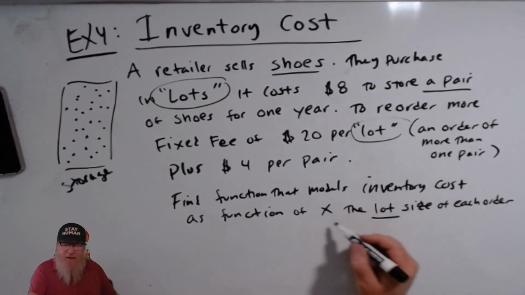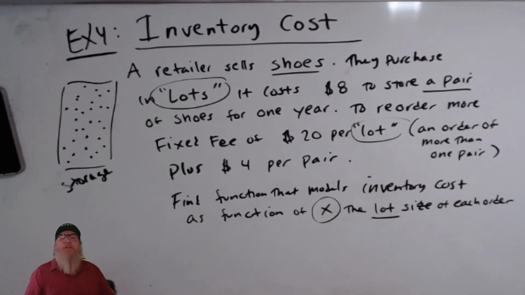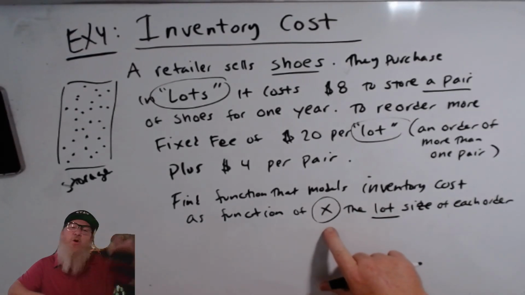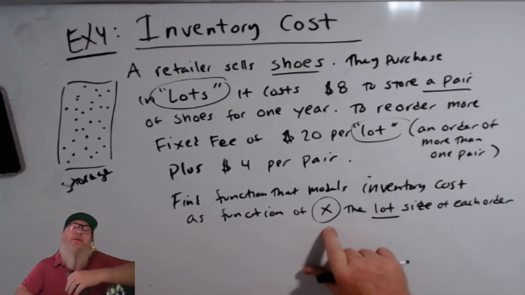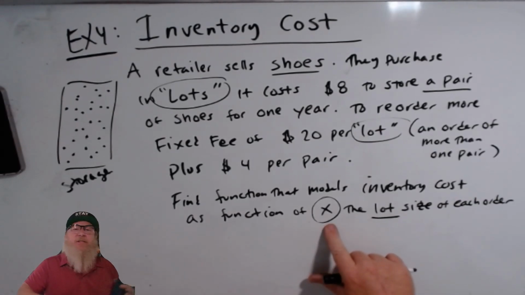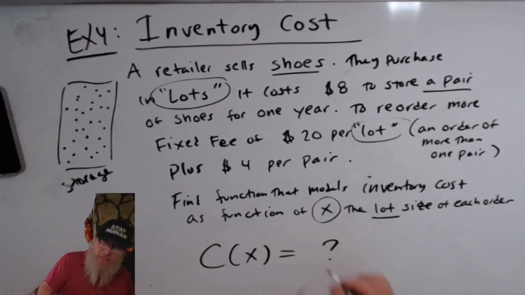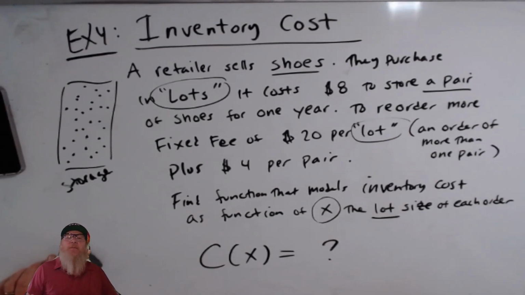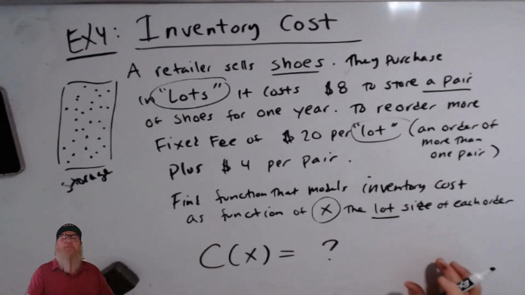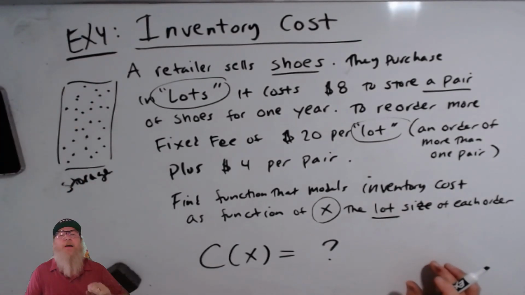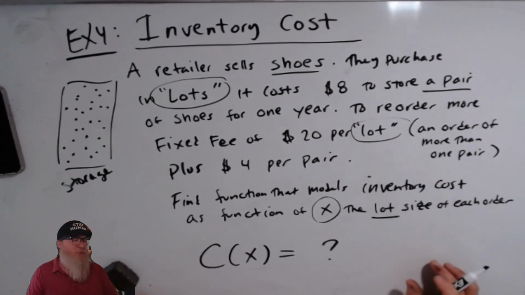So you don't have to order the same amount every time. You can say x is the lot size. So I'm going to order 100 shoes this week, I'm going to order 20 pairs next week. It's going to be a variable, so I'll have an x. So I want to find C of x. So it models the cost of inventory, how much it costs to have all these shoes in my storage.